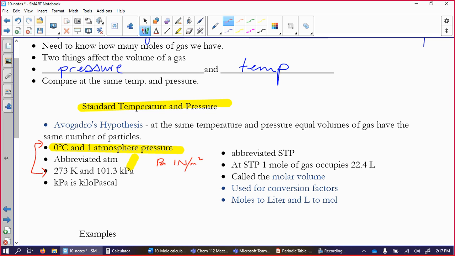So we use this Kelvin scale, which is an absolute scale. 0 is the absolute lowest possible temperature.